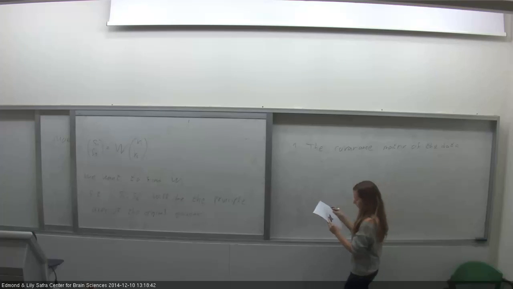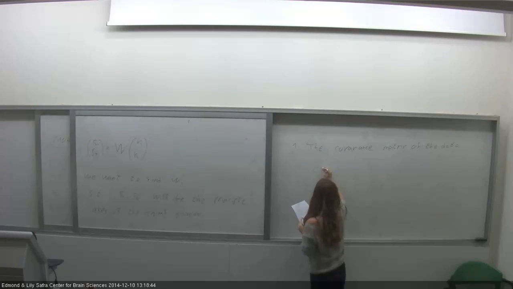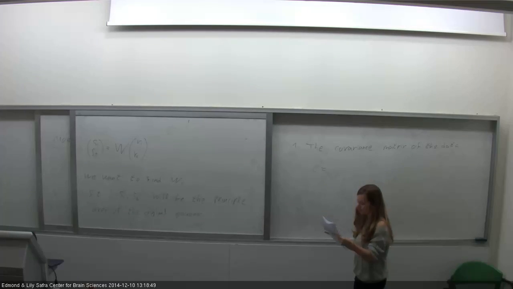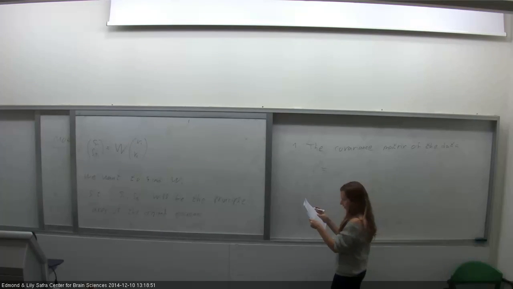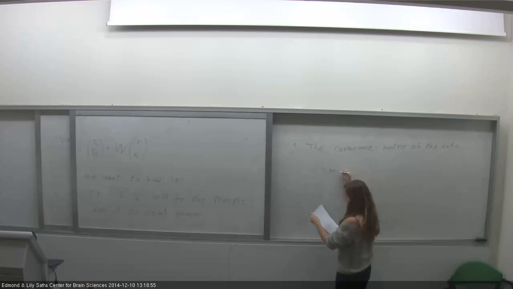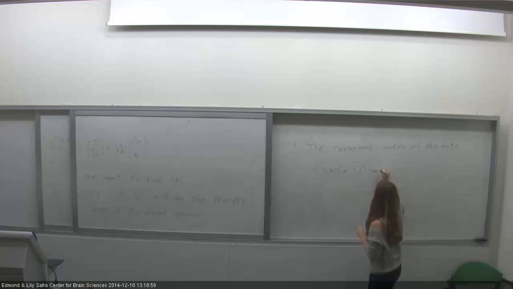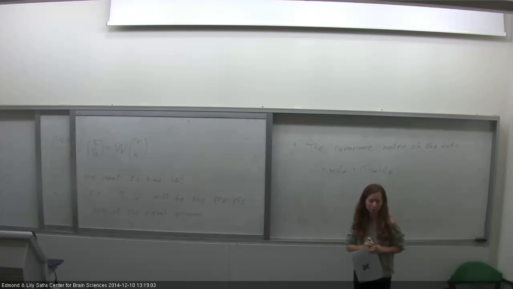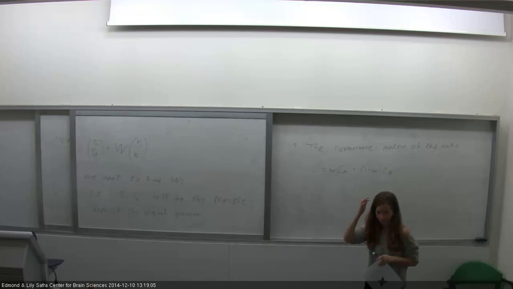I will not show you, but it's possible to see that the covariance matrix of the data C is equal to alpha CA plus 1 minus alpha CB. That should be easy right now, it's quite easy to do the algebra and to get it. It's not a guess or something.